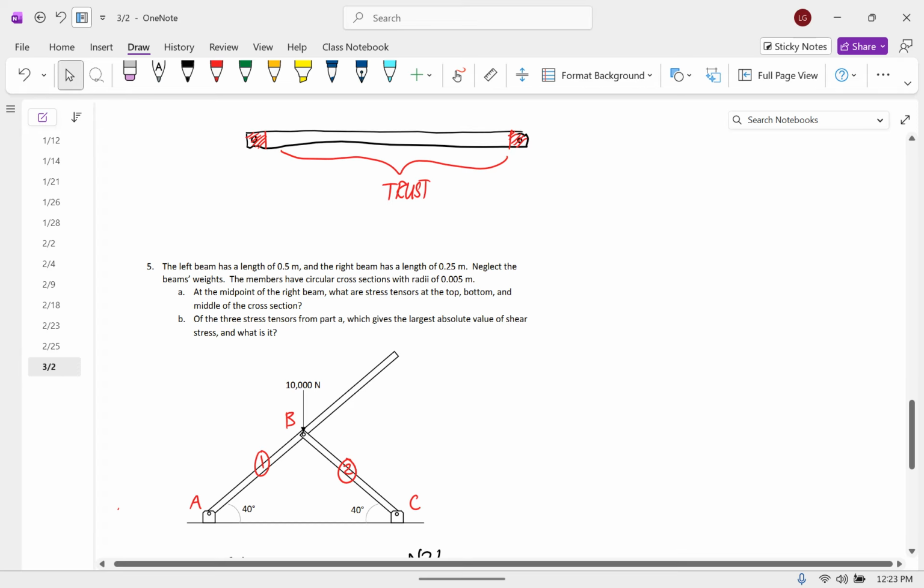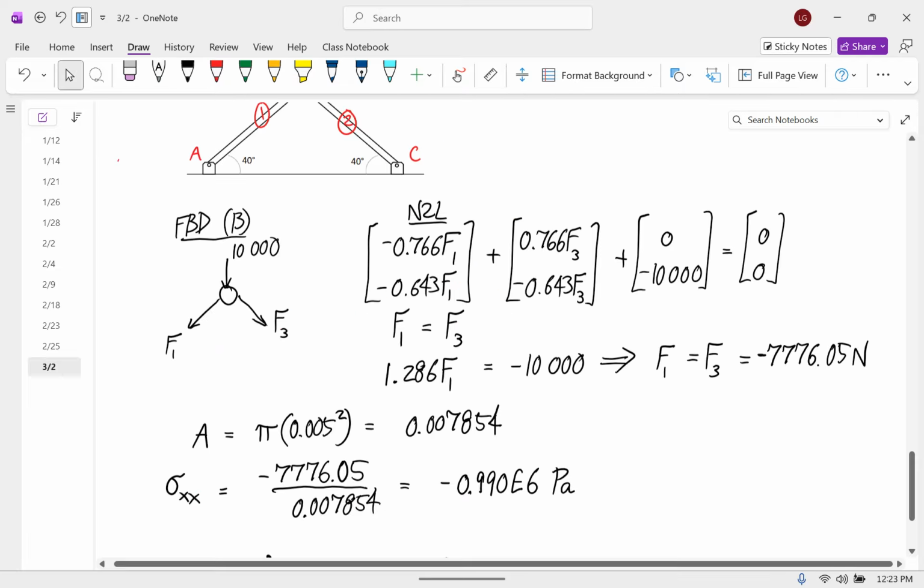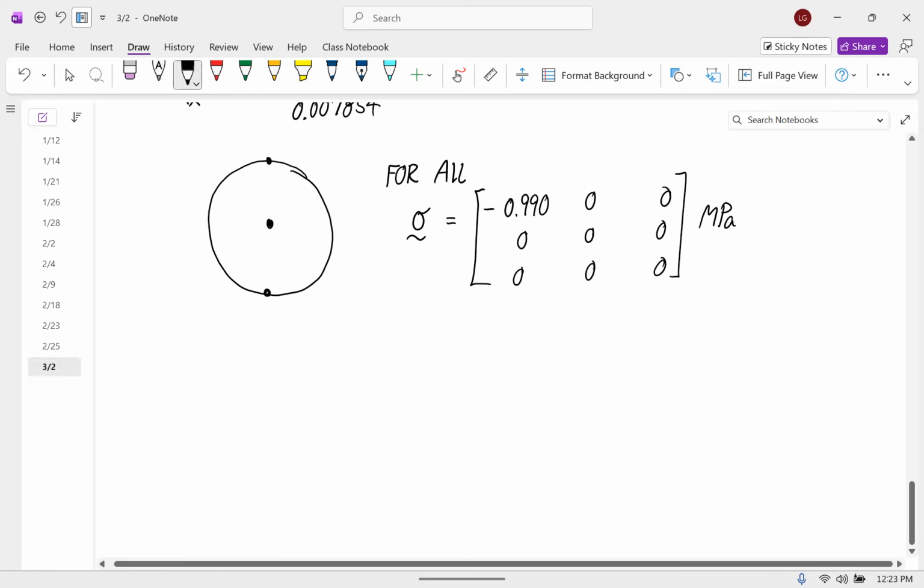Of the 3 stress tensors from part A, I don't know, this is a very weird way to word this question, but there's no difference in the absolute values of shear stress because the stresses aren't different, but might as well calculate that.